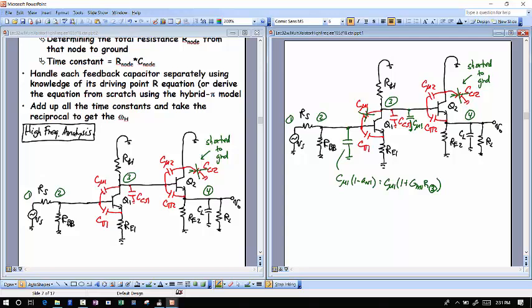But how can the signal go directly to the ground? Because in the hybrid pi model, the signal is from B to E, but you have the resistor RE there. In the hybrid pi, C mu 1 is from B to C. No, Miller theorem is from B to C, or from anything that has gain.